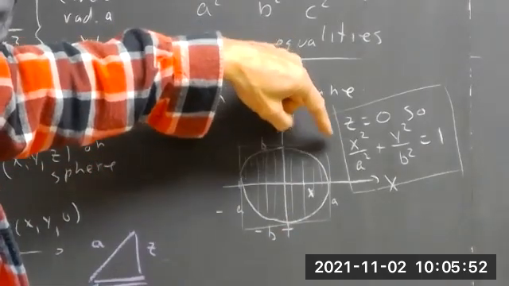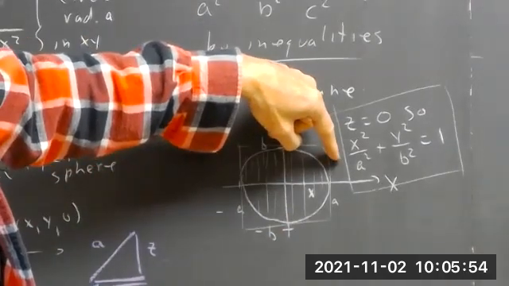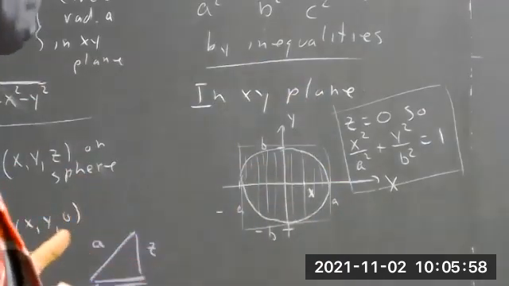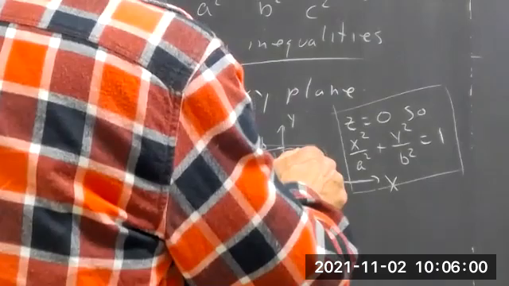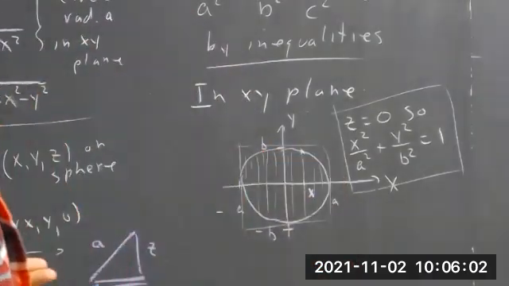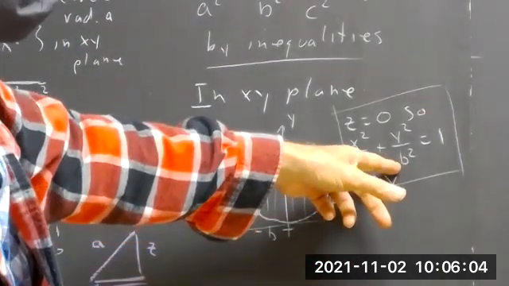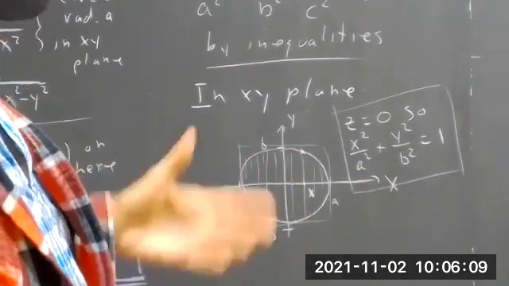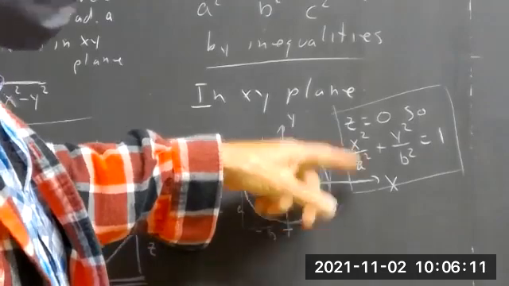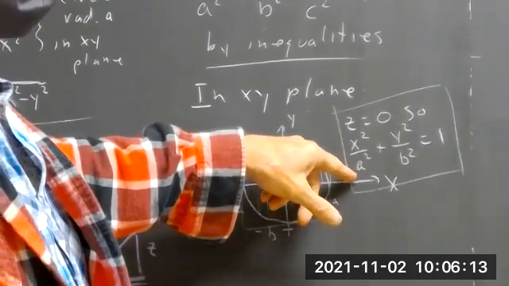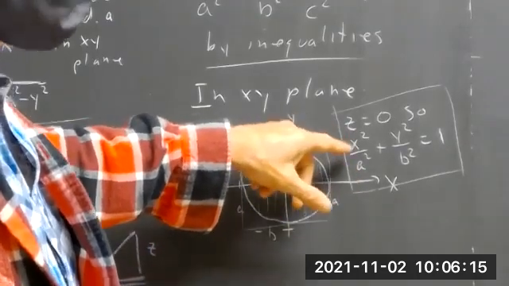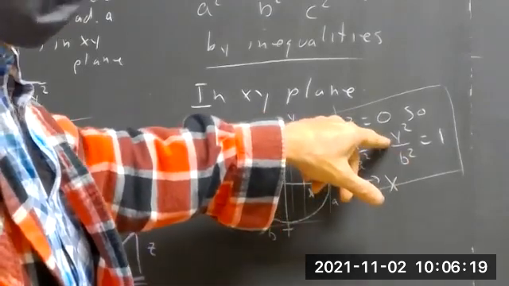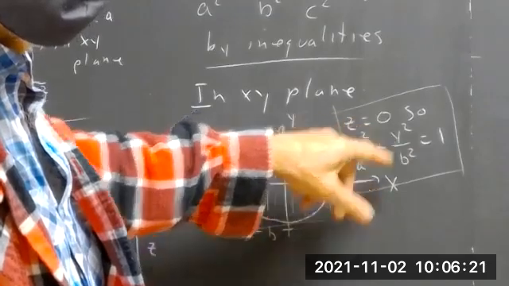So we have the equation here. If you've got X, how do you figure out Y? If you know the X coordinate of this point, how do you get the Y coordinate? You solve this equation for Y. I mean, if I tell you X equals 4, and hopefully A squared is bigger than 16, you're going to have just numbers here, here, here, and be able to solve for Y, right?